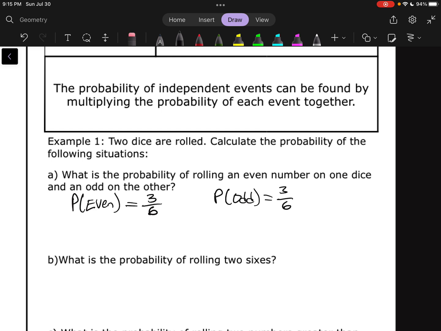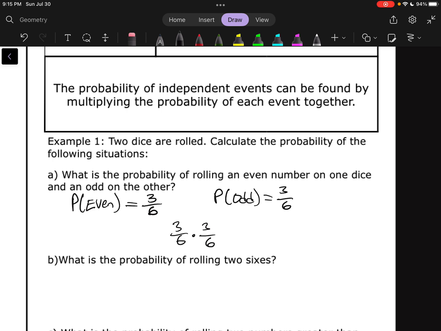So to calculate the total probability of both of these things happening, we will do 3 out of 6 times 3 out of 6. Let me multiply those together. Now, my calculator that I'm using automatically reduces things for me.